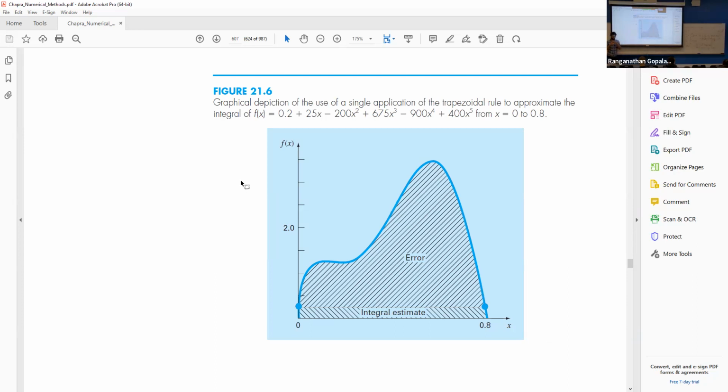Using the trapezoidal rule, half of the width of the interval, that is half of 0.8, times f of 0 plus f of 0.8, which happen to be equal. In this particular function, f of 0 and f of 0.8 are equal, so the trapezoid really becomes like a rectangle.